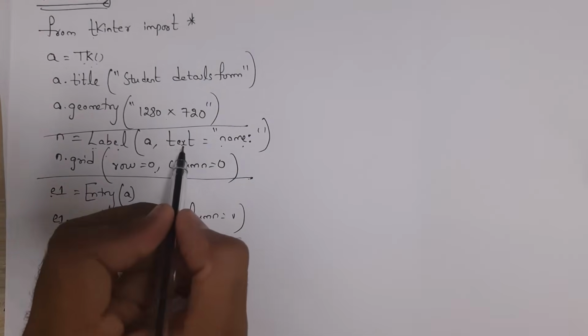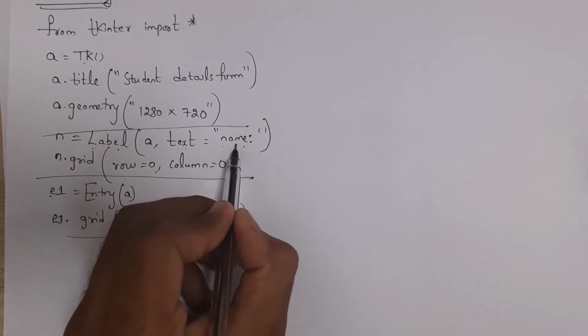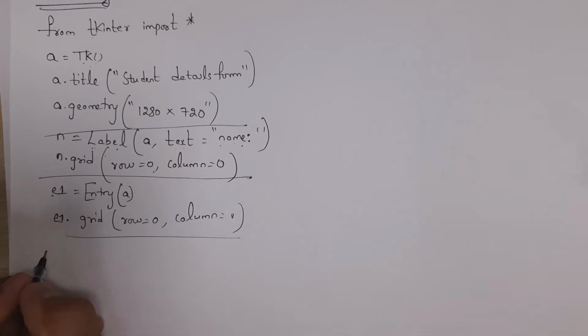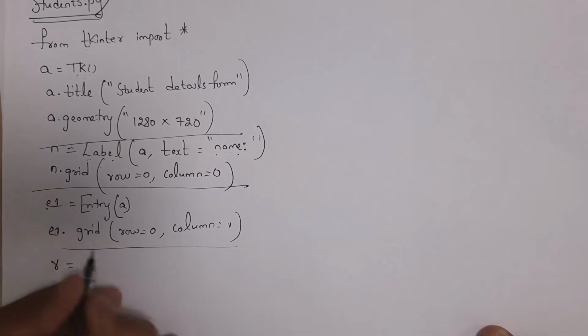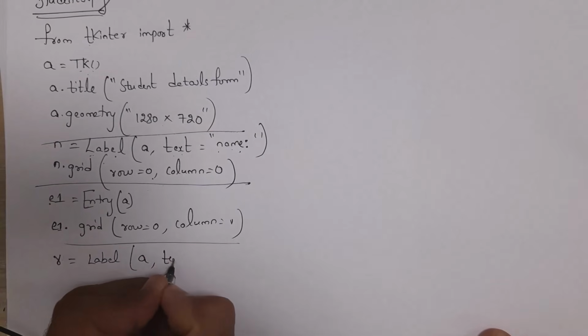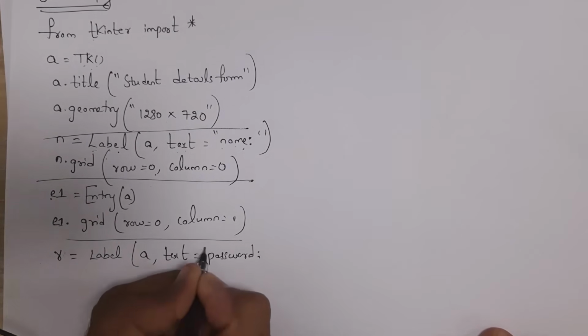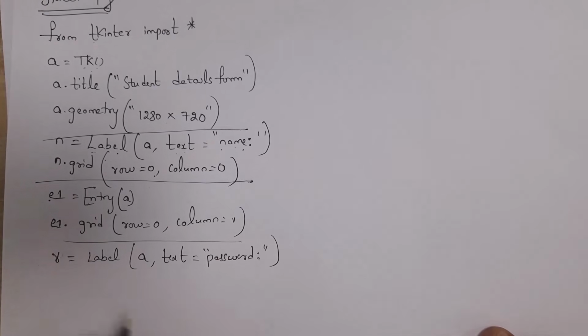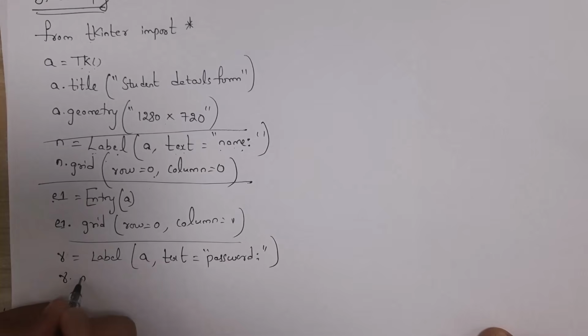So same, just in place of writing text equal to name, write here text equal to roll number. I am taking the variable name as r. r equal to Label. I want to give the label, so write here a comma. I am giving the text as roll number colon in quotations. And my roll number is present in variable r. So just write here r dot grid.